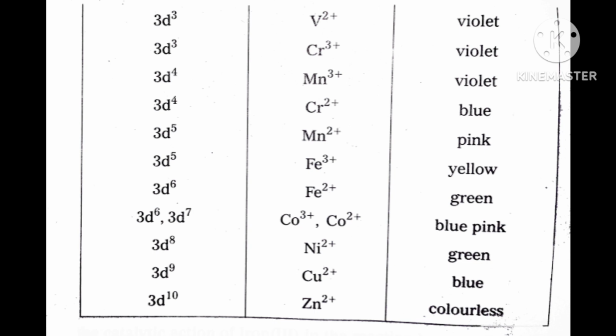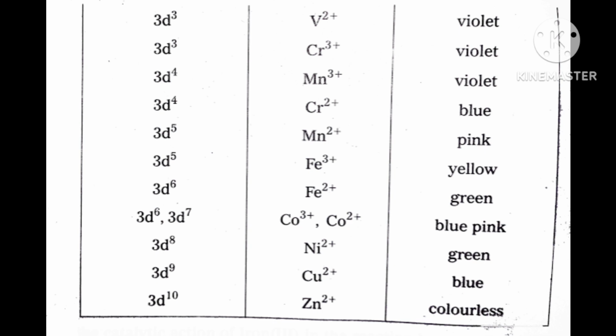Then scandium 3 plus. 3 plus means 3d0. In d orbital no electron is there. When no electron is there, then there is no transfer of d electron. d is equal to 0. Means scandium 3 plus and titanium 4 plus: no electron is there in d orbital, d0.